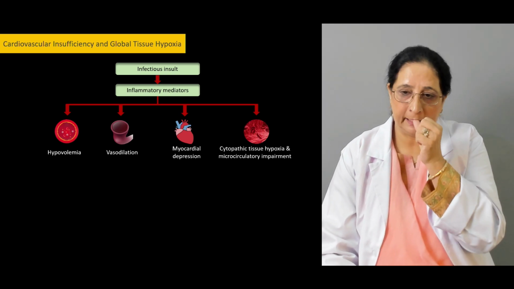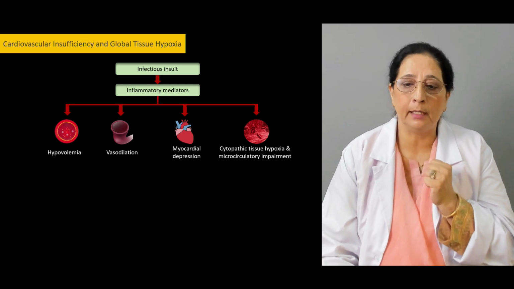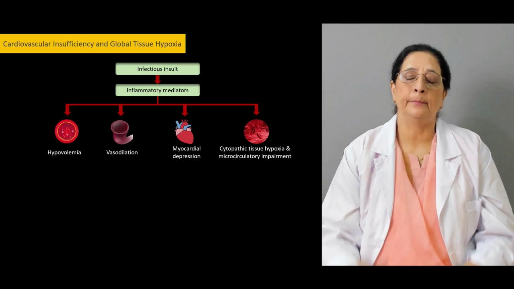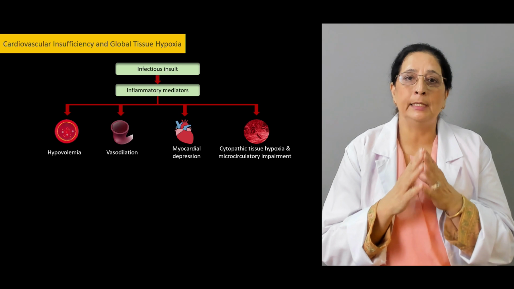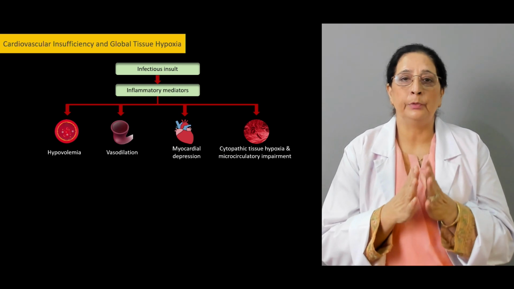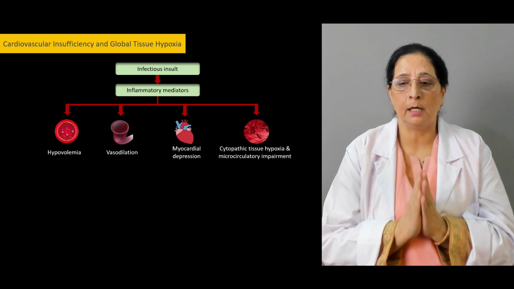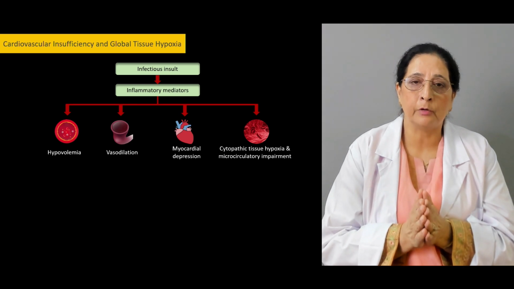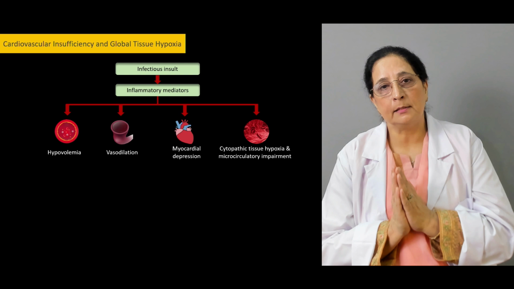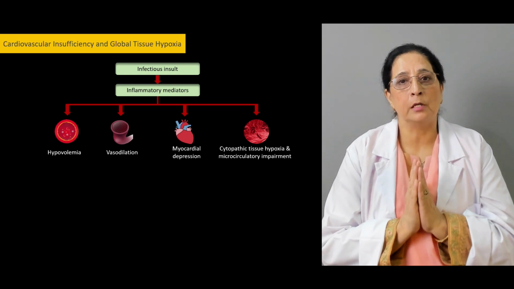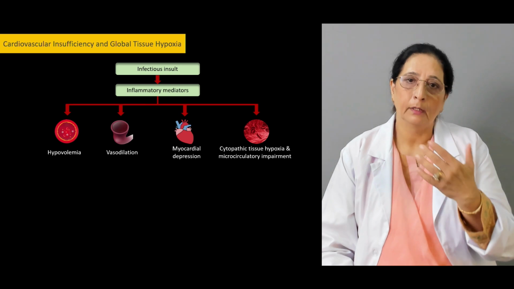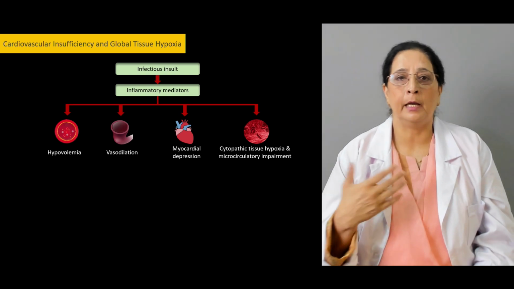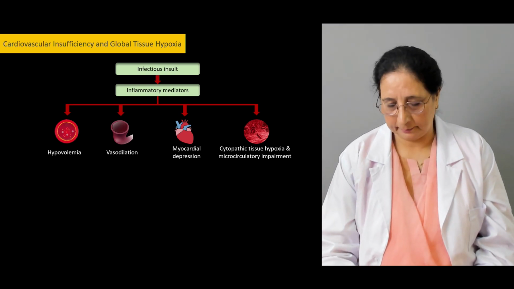And there is cytopathic tissue hypoxia and microcirculatory impairment. As I mentioned, there is destruction of the endothelial lining, and that causes hypoxia and impairment of microcirculation, and with the impairment of microcirculation, there is decreased supply of oxygen and it can cause global hypoxia. So these are some changes that occur as a result of infection and inflammatory mediators.